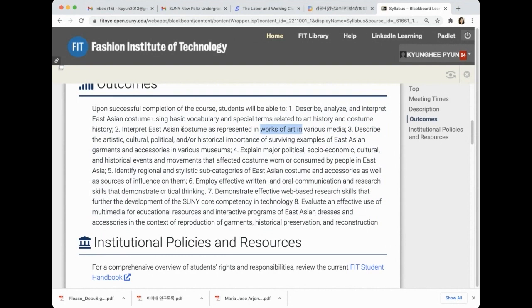We don't have many surviving shoes per se, but we will have pictorial representations of those costumes or sculptural representations of a belt or hat. So various works of art in different media. That's what I mean. And then you can certainly talk about the historical importance of surviving examples.